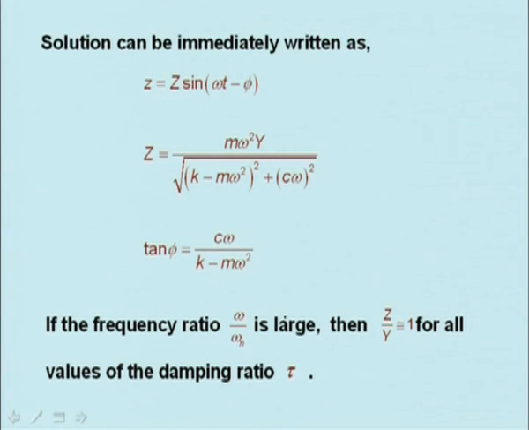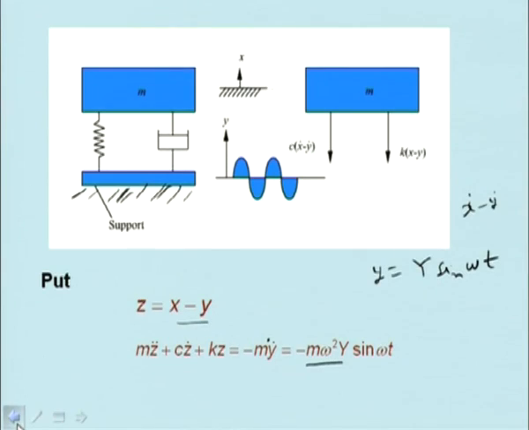Now, if we see that in this case, if the frequency ratio omega by omega n is large, then Z by Y becomes equal to 1 for all values of the damping ratio. Let us discuss this point a little in detail.